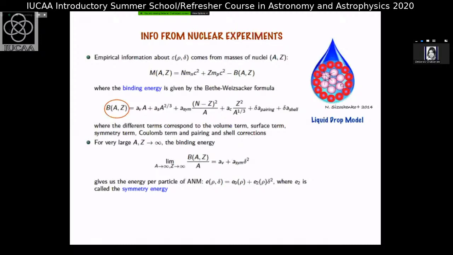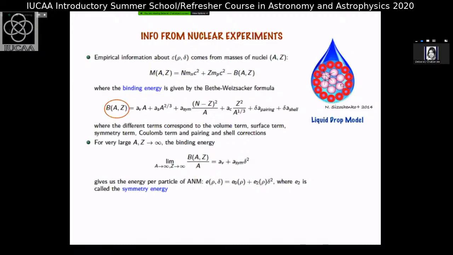saturated in the sense that it only interacts with the nearest neighbors, and there are some correction terms which have to be introduced to this bulk term. And these corrections are the corresponding terms that you see in the Bethe-Weizsäcker formula. So the first term is the volume term with the coefficient a_B. Then comes the surface term, so you have to include the effect of finite surface.